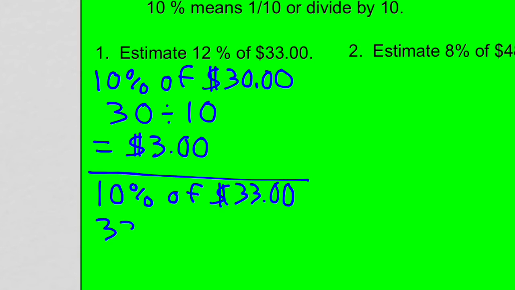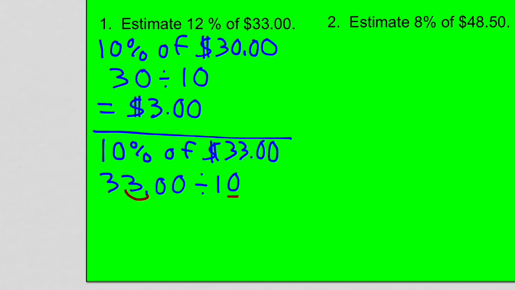So if we take $33 and divide by 10, all that's happening is we're shifting the decimal point. Because there's 1 0 on 10, we're shifting it 1 to the left. So all you really need to do when you're taking 10% is shift the decimal point 1 to the left. So having done that, that's going to give us an estimate of $3.30. And both estimates are fine and dandy like sour candy.